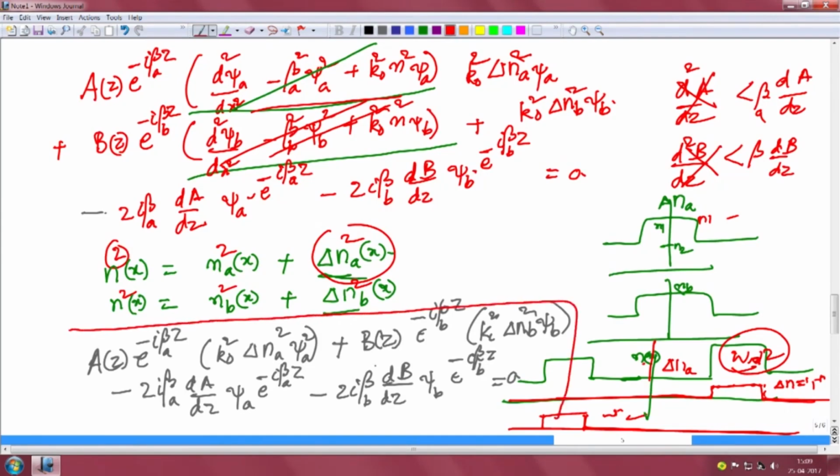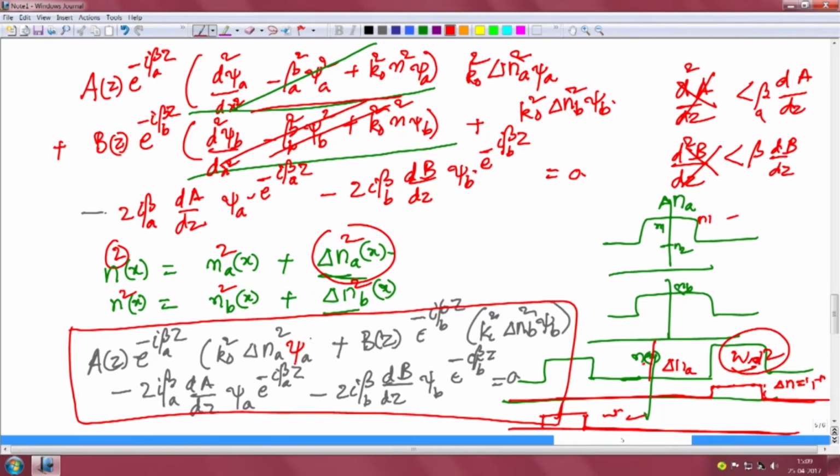This expression is the one we are trying to manipulate, and I will try to multiply this whole expression by either psi A or psi B and integrate over the entire cross section, so that the terms which are cross, psi A overlap psi A multiplied by psi B etc. will go to 0, and the modes which are psi A multiplied by psi A star will be equal to 1. There is some small error here, it will change, it is not square, psi A only.